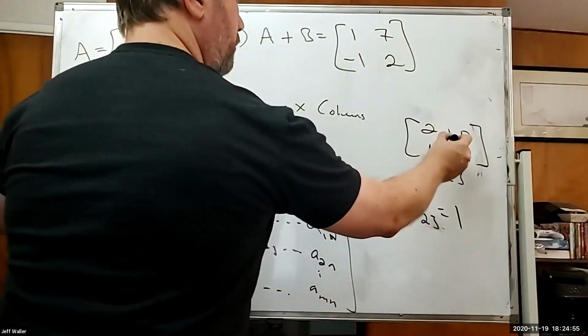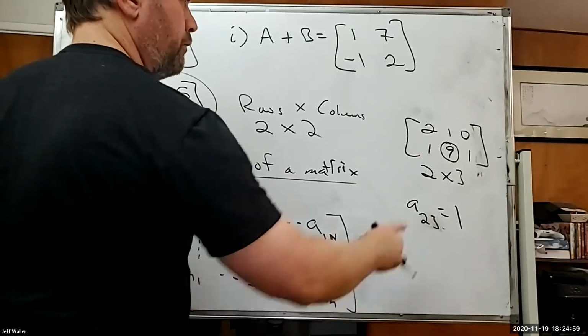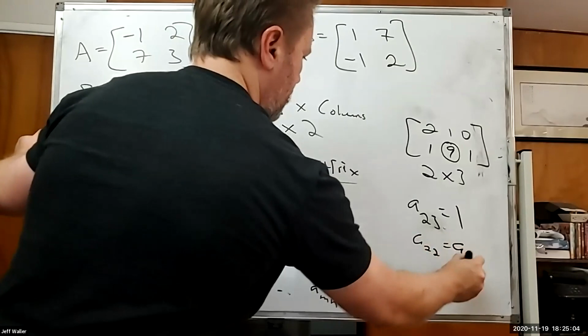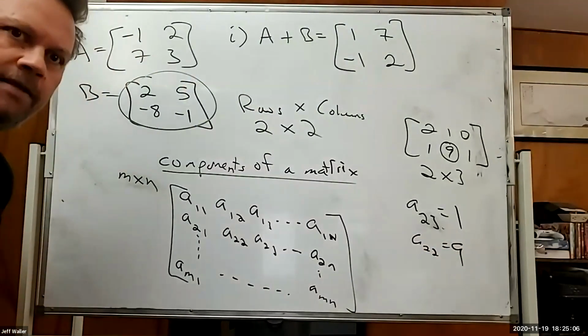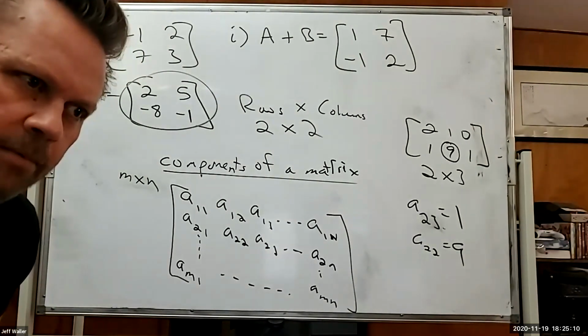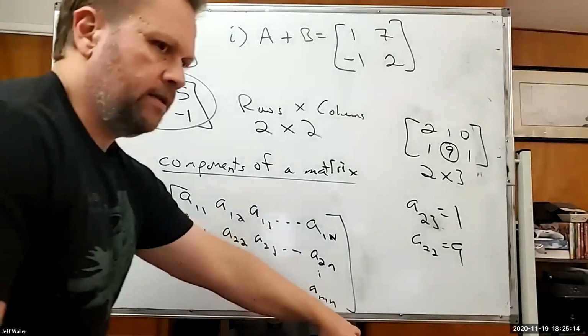And then what's this? How would you designate it? A22. A22, kick-ass. And that's not that hard, right? That kind of makes sense. You're like, okay, math people, I see why you did that. Maybe. Okay. Now I feel like I can continue.